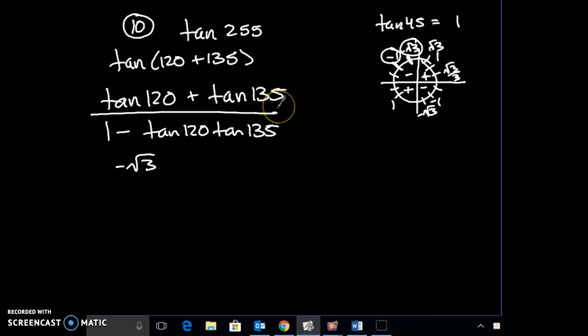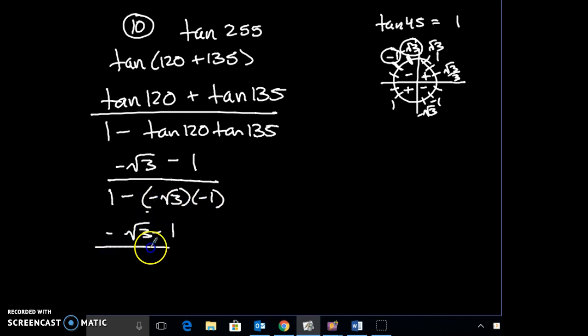Tangent 135 is negative 1. So I'm going to change this just to a minus 1 because plus and negative is the same thing. 1 minus negative radical 3 times negative 1. These two negatives will become a positive. So I'm just going to rewrite this as negative radical 3 minus 1 over 1 minus radical 3.